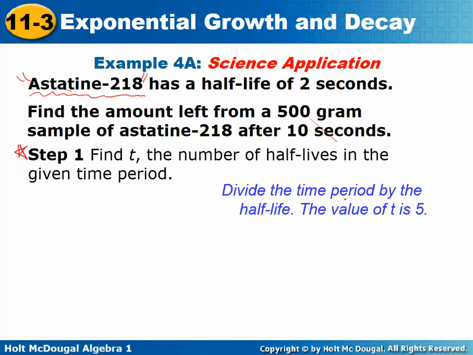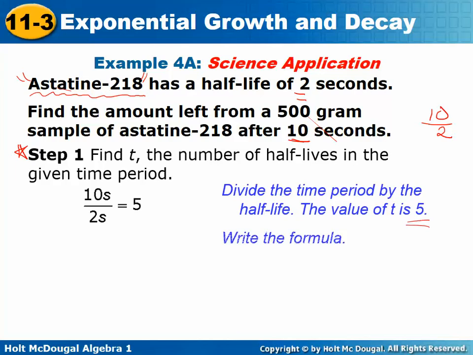So we take the time period they give us, and we divide by the half-life that they also gave us. So we take the 10, the time period they gave us, and we divide by its half-life. So there are 5 half-lives in this time period. That's what we use for t. So 10 seconds divided by 2 seconds is 5.